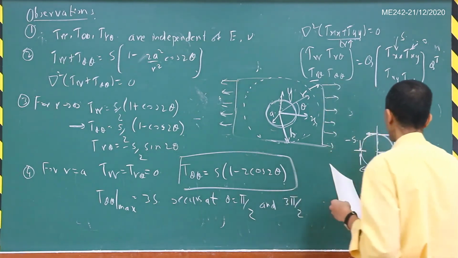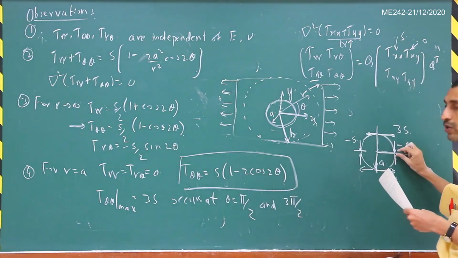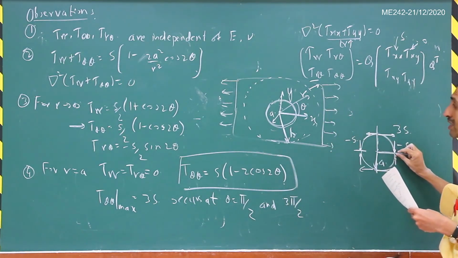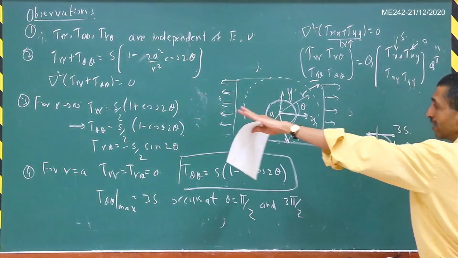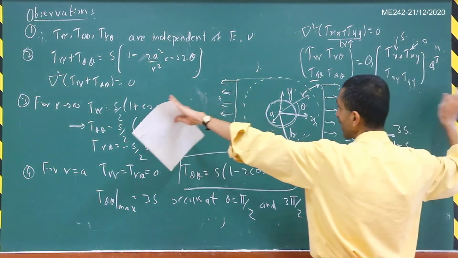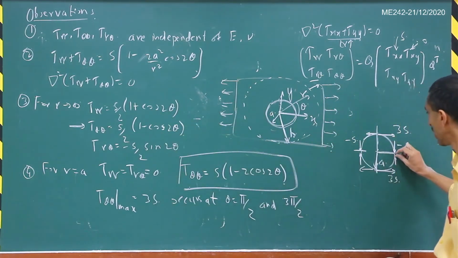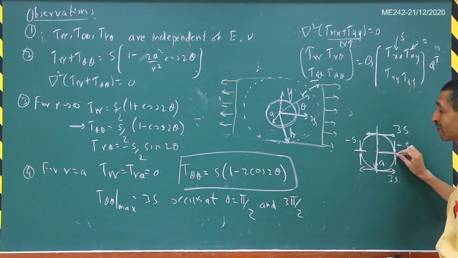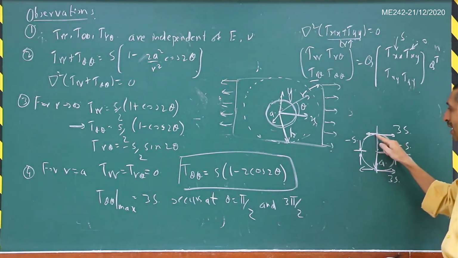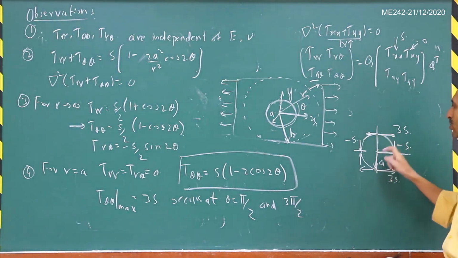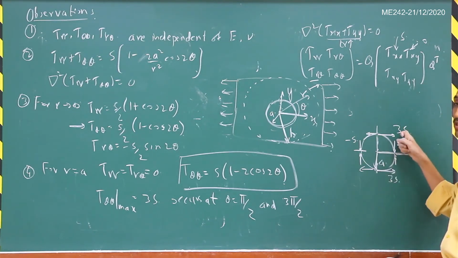So basically here you will see that you get a compressive stress which is the same as what is applied here. In the far field it is actually a tensile stress, but here you will get a compressive stress of the same magnitude as the applied stress, and then at theta equal to pi by 2 and 3 pi by 2 you will get a stress concentration of 3, correct?